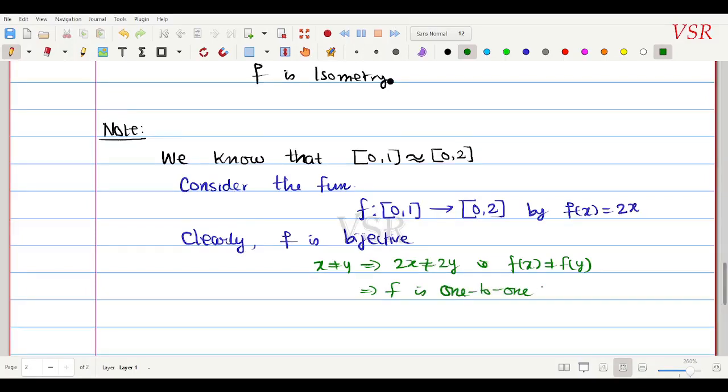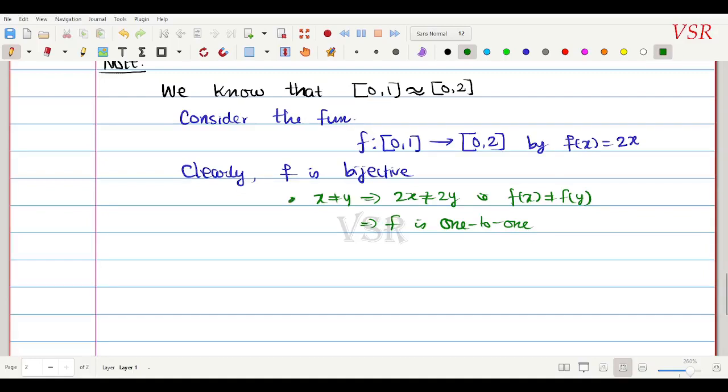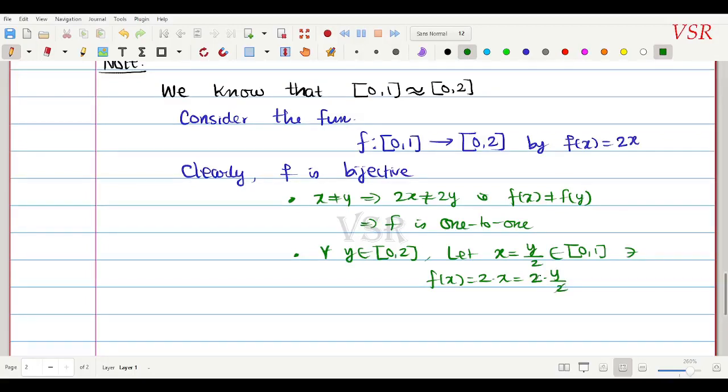I have proved that it is 1-1. Second, for every y belonging to the closed interval [0, 2], let x equal y by 2. x equals y by 2 belongs to the closed interval [0, 1]. Such that f of x equals 2 times x equals 2 times y by 2, and the two cancel, so this is equal to y.